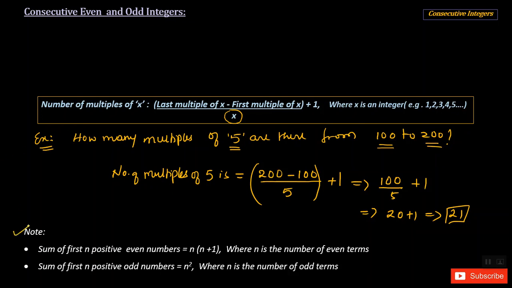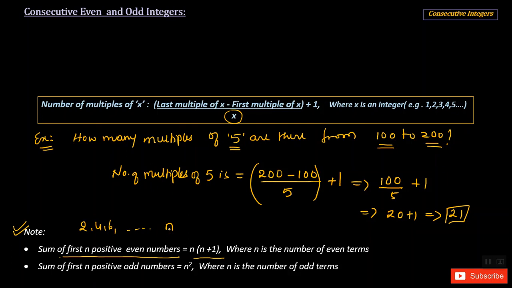again, this is the note, it's important. Sum of first n positive even numbers can be given by the formula n times n plus 1. It means if your sequence is starting with the 2, that is the meaning of sum of first n positive even numbers. So it's like 2, 4, 6 till n, where n is the number of even terms.